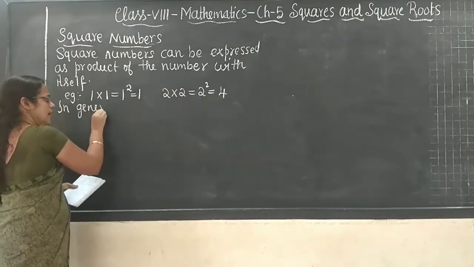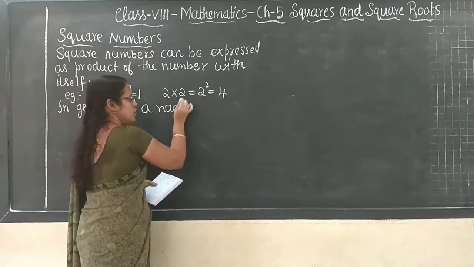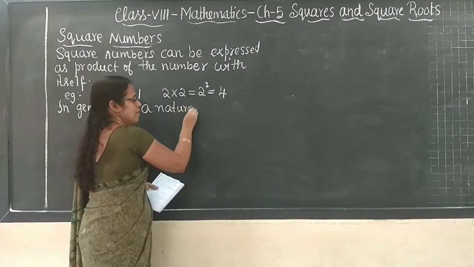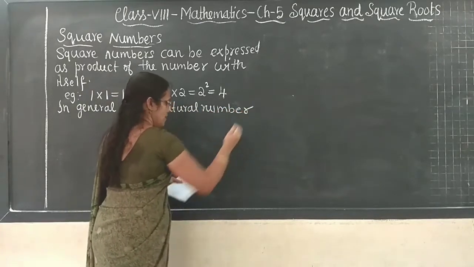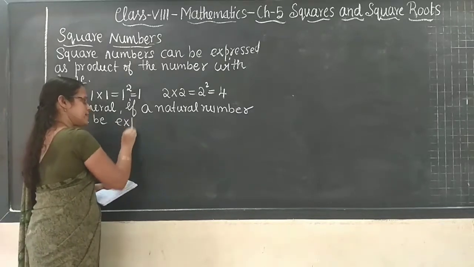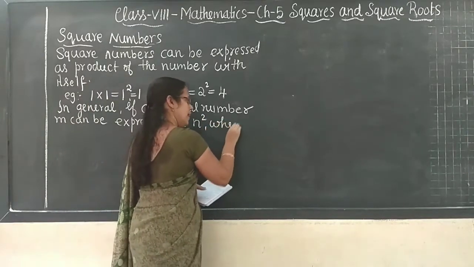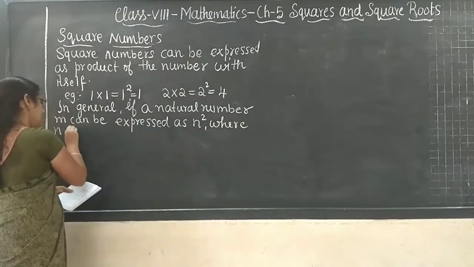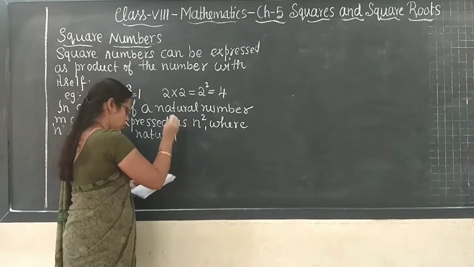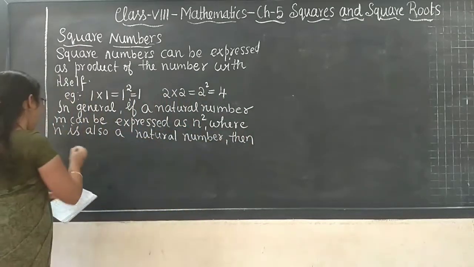In general, if a natural number m can be expressed as n square, where n is also a natural number, then m is a square number.